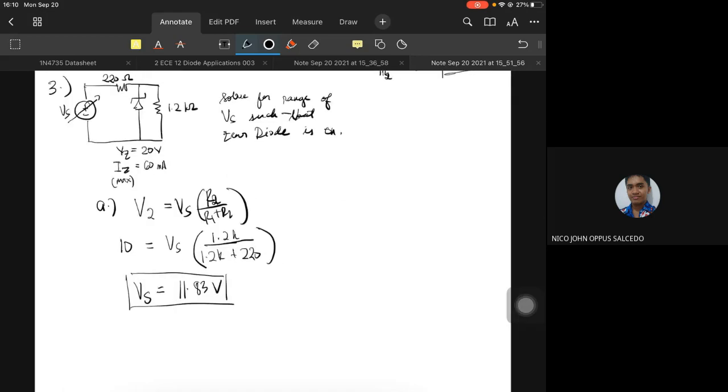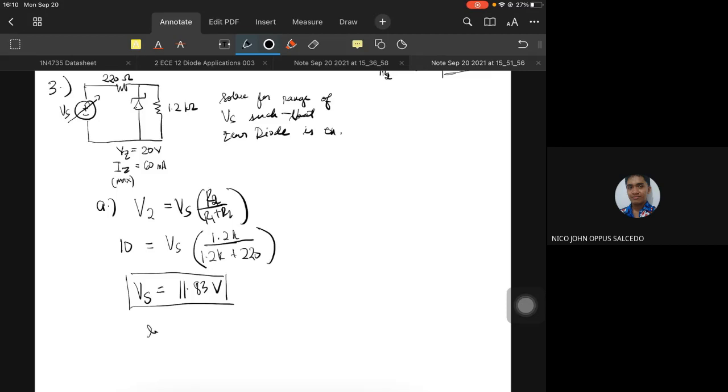At this voltage source, the diode will turn on. So anything below that, let's say for example 11 volts: 11 volts times 1.2 over 1.2 plus 220 is 9.97, no?